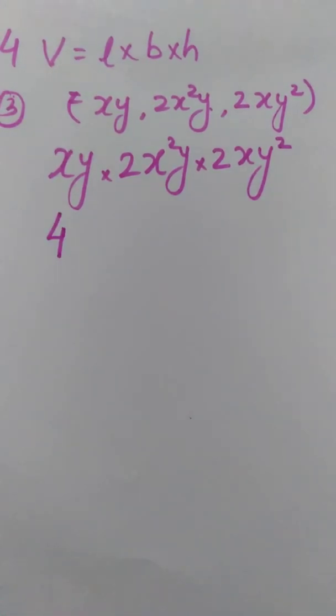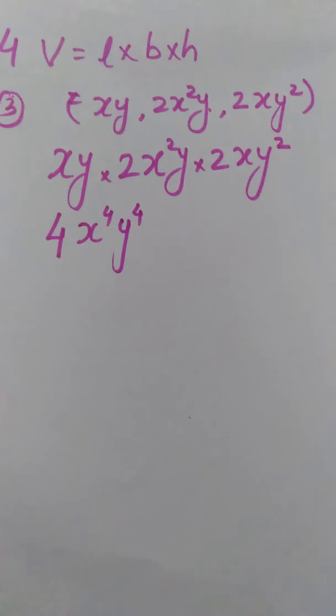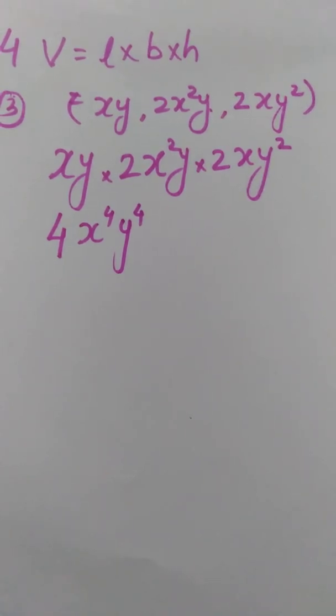Then the multiplication of x into x square into x is x to the power 4. Then y into y square into y is again y to the power 4. This is the volume given. Now in the same way you can multiply the terms to find out the volume. So the rest you practice by yourself.